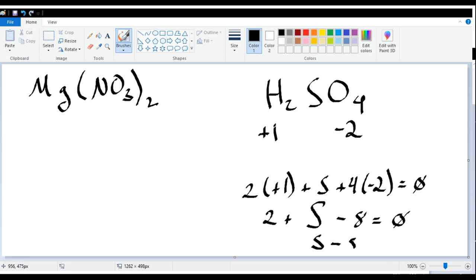Sulfur minus 8 equals negative 2. Sulfur equals positive 6. Got to be careful about your algebra. Go through it step by step.